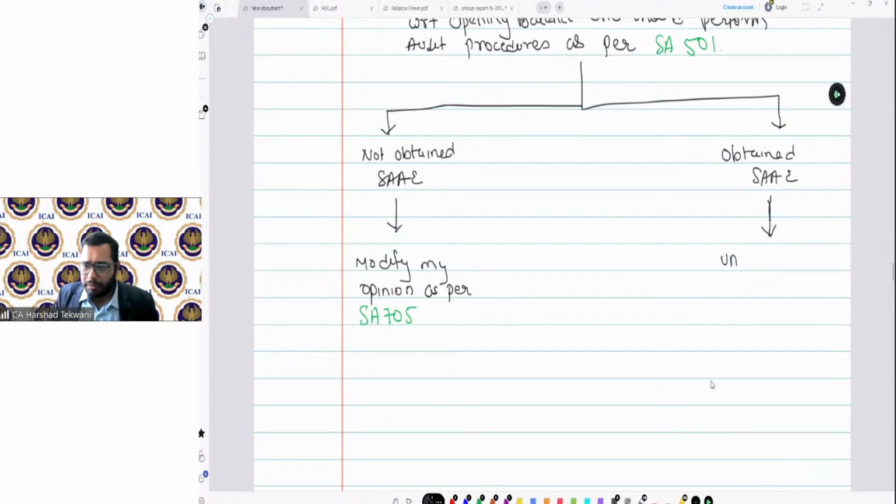That's it? Anything else? Should I include anything else here, or is this fine? When I have obtained sufficient and appropriate audit evidence about the opening balances, I'll issue an unmodified opinion.